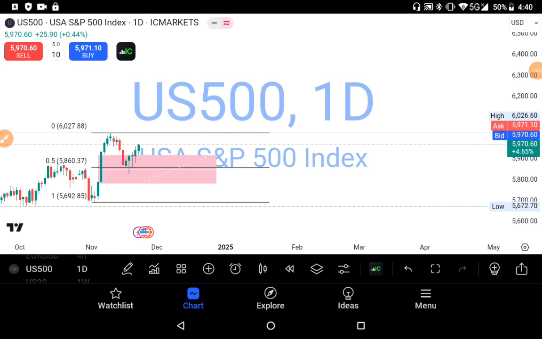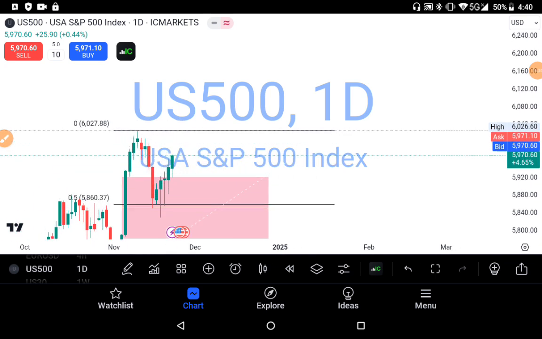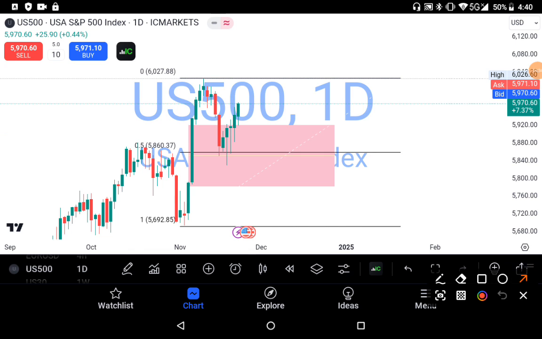Because I was watching this imbalance, this BC here, buy side imbalance, sell side inefficiency, I said if it should give way and goes below the consequent encroachment, which is the midpoint of it, then I'll be interested in the market going down up to 5600.